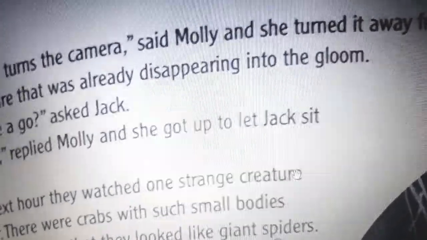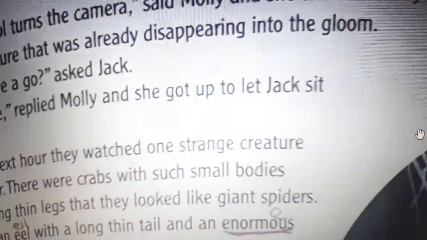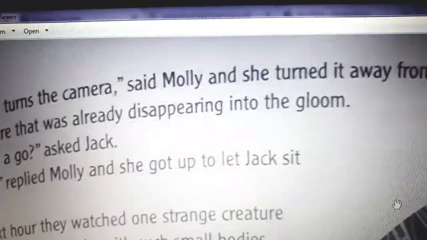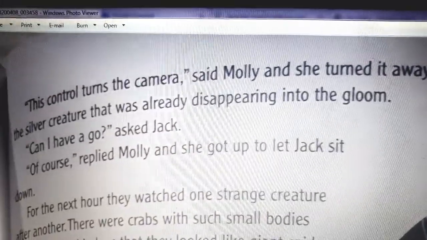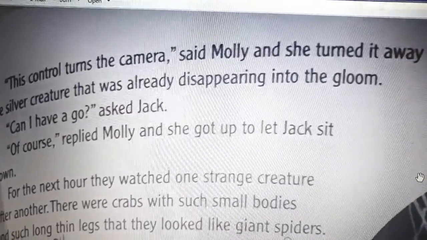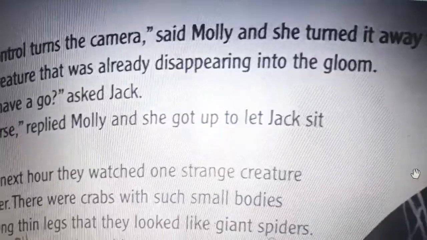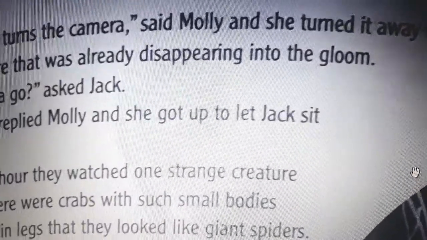What do you mean by the word gloom, boys? Do you know the meaning of gloom? Did you guess the meaning of the word gloom? When I say that silver creature was already disappearing, already means previously, and disappearing means it vanished.